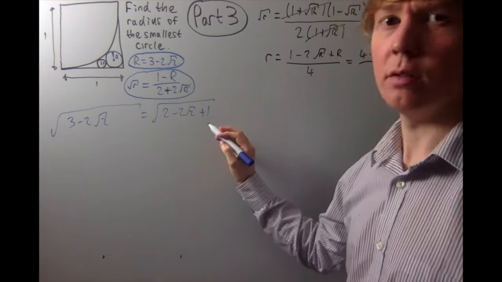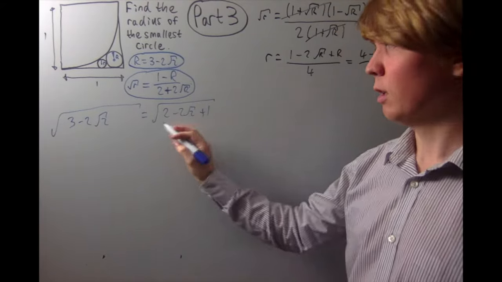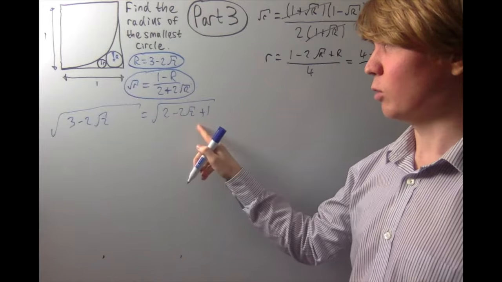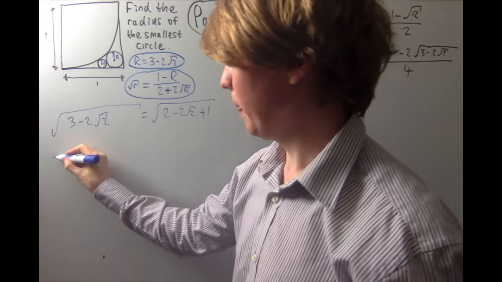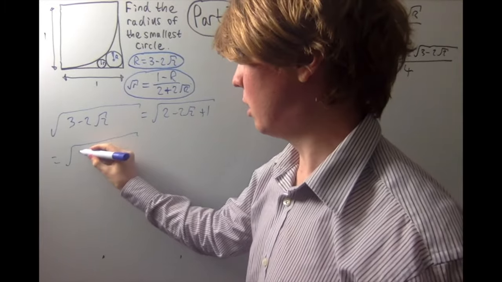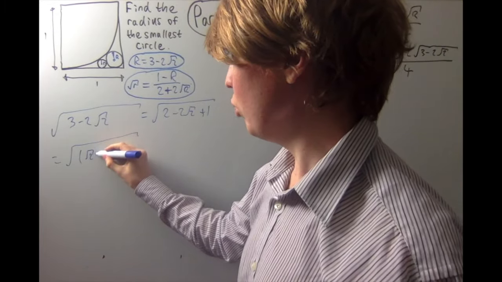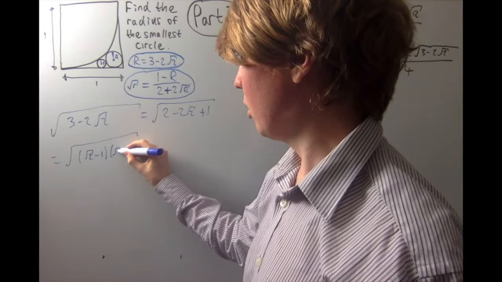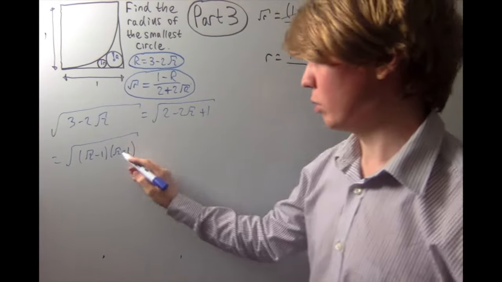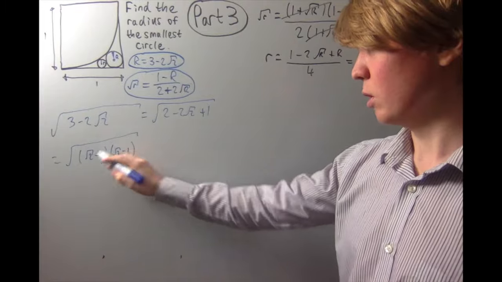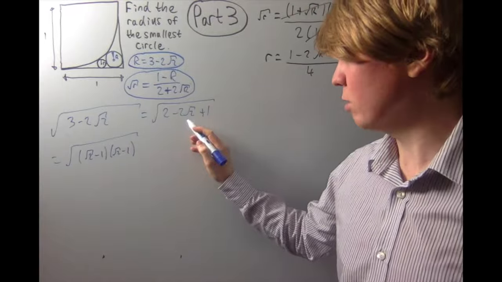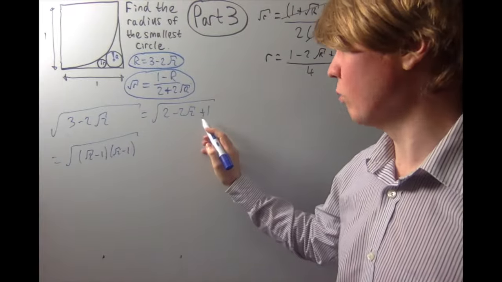And perhaps you're seeing the structure here, that this looks awfully like we may have expanded some sort of quadratic to get this. You can actually write this as root 2 minus 1, times root 2 minus 1. So the root 2's give you this 2, your minus 1 root 2 and your other minus 1 root 2 give you your minus 2 root 2, and these two negative 1's give you this 1.